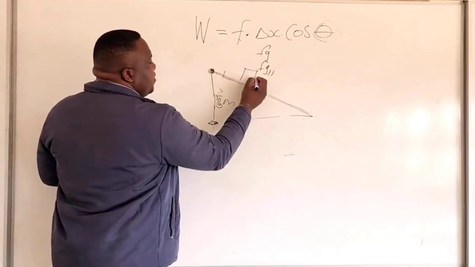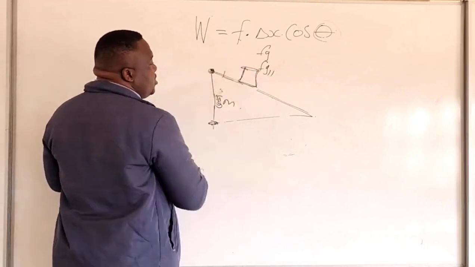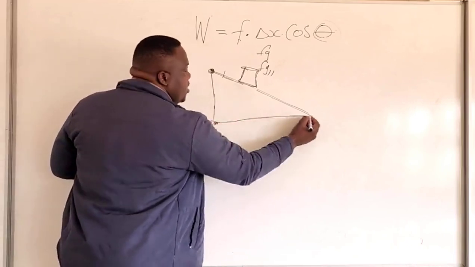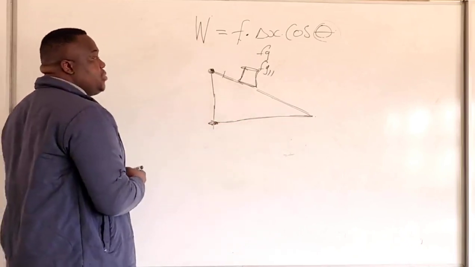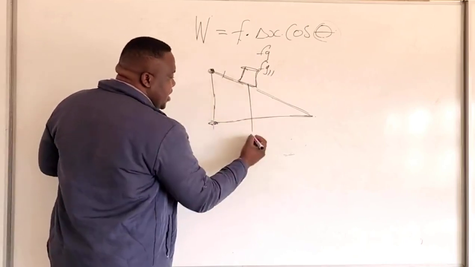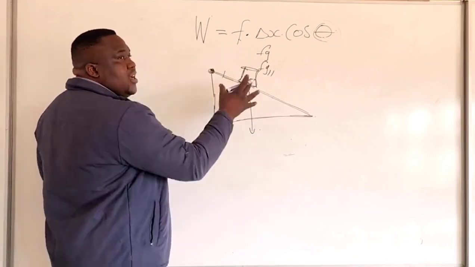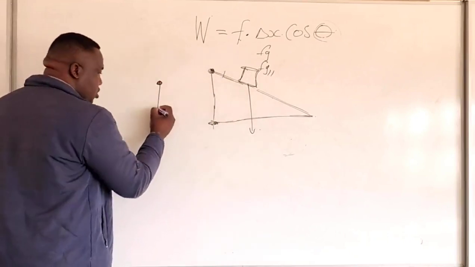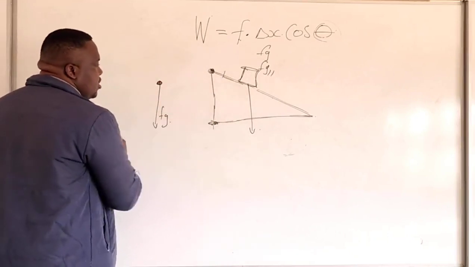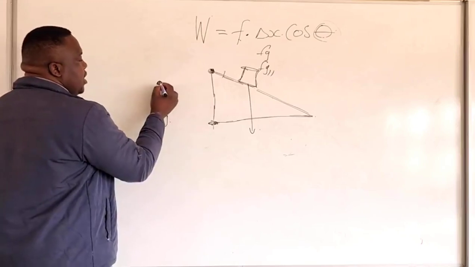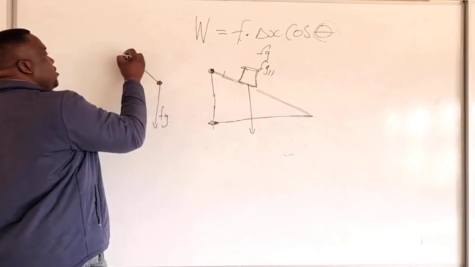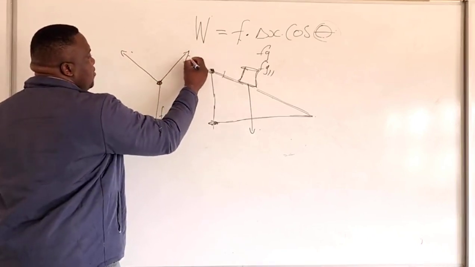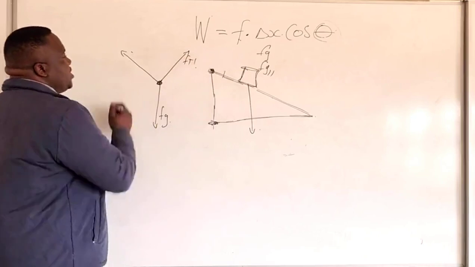Look at this. If this is a box, it's very important for you to understand the relationship between the force and the displacement. Remember that when we draw a free body diagram, we draw a dot, then the gravitational force, then the frictional force, then the normal force, since the object is moving by itself in that case.